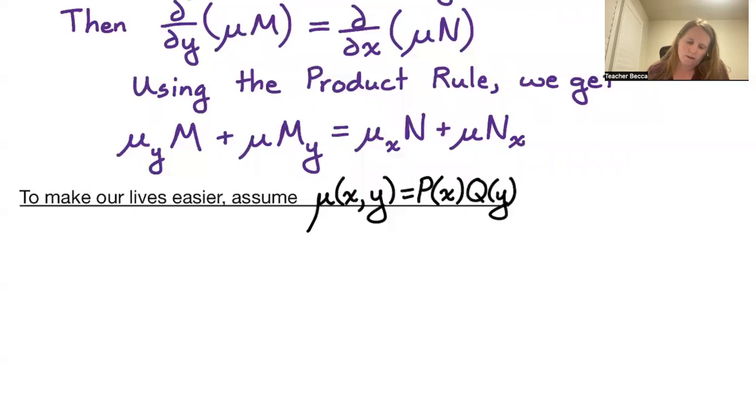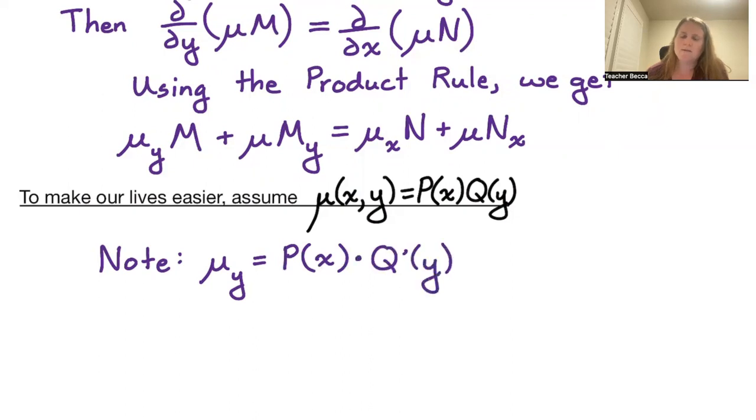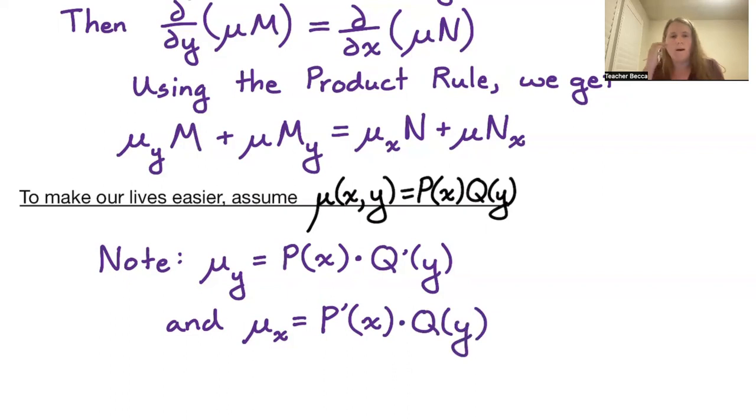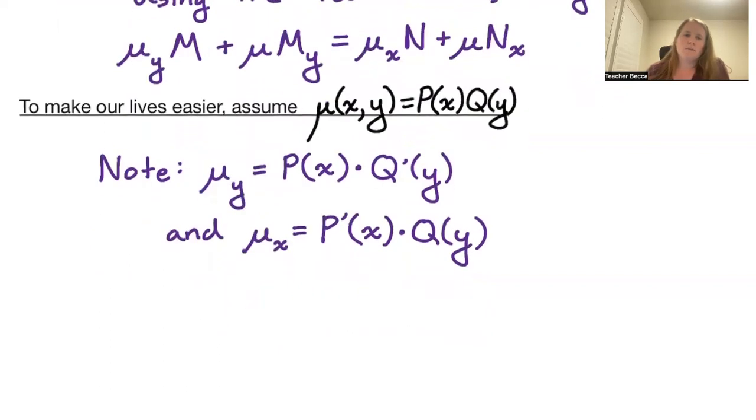Then note that the partial with respect to y of mu would just be P of x times Q prime of y, since P of x is simply a function of x, and the partial with respect to x of mu would be just P prime of x times Q of y. Again, Q of y is simply a function in y.